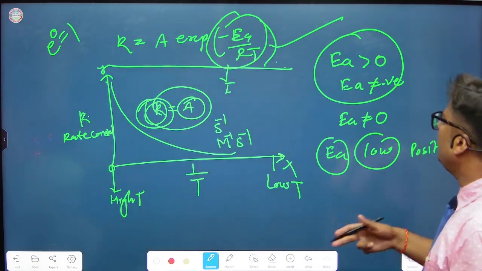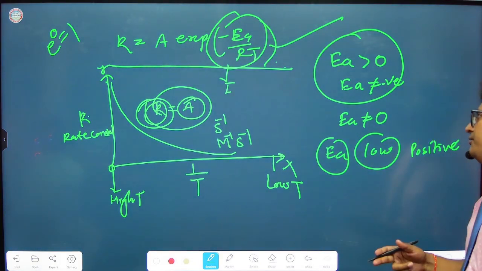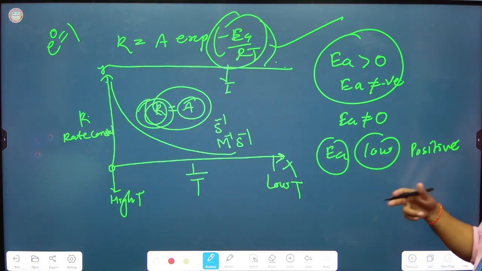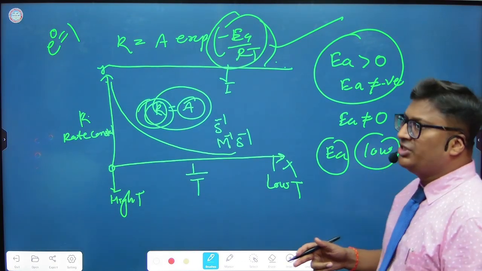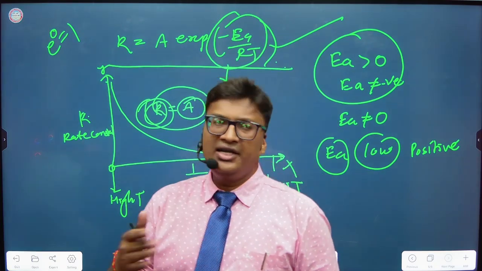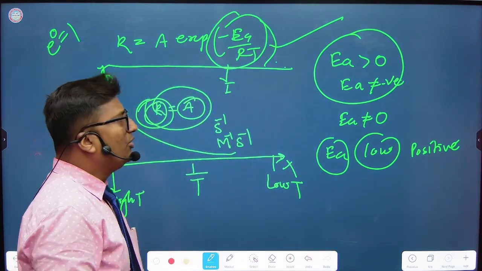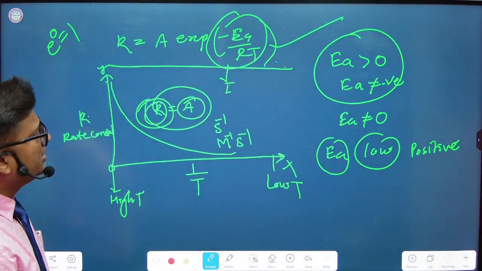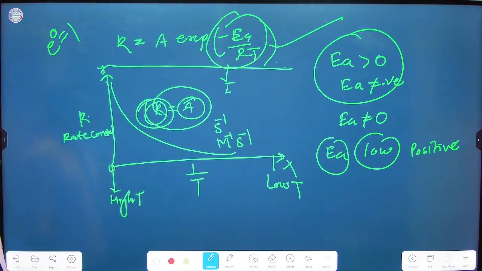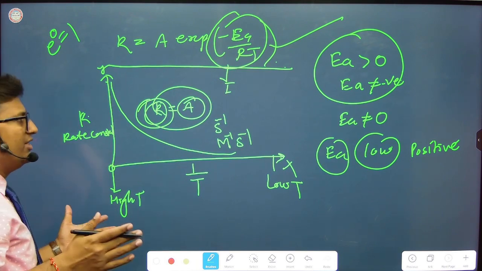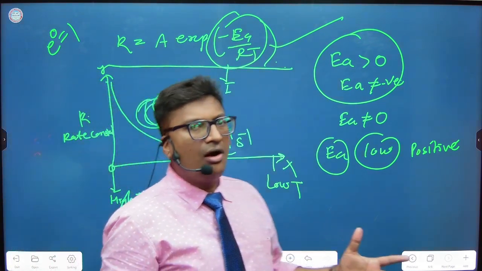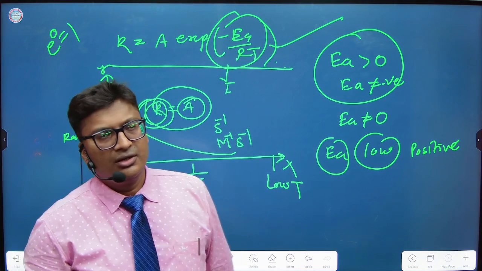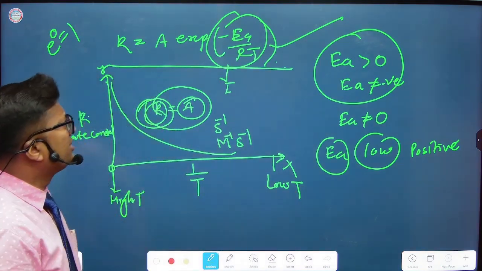So if you want to increase the rate of a reaction, we have to decrease the activation energy by using a catalyst, and we have to increase the temperature so that effective collisions may take place, and after effective collisions the products can be obtained, right?